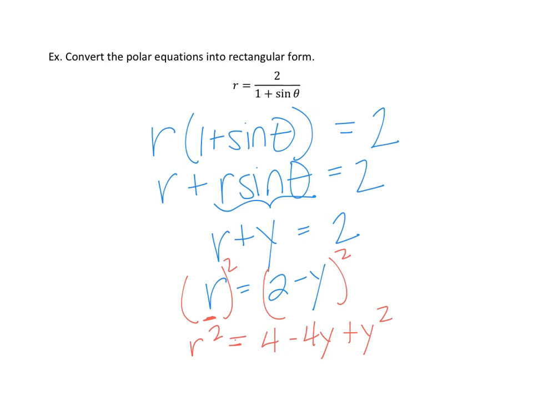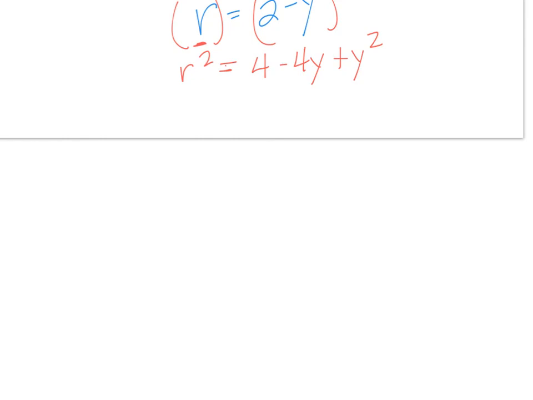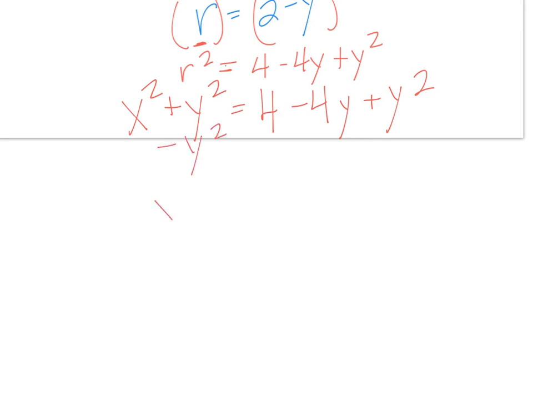And then I can replace that r squared with x squared plus y squared equals 4 minus 4y plus y squared. Subtract the y squares to combine like terms. Now I have x squared equals 4 minus 4y. If I got that equal to 0, x squared plus 4y minus 4 equals 0.